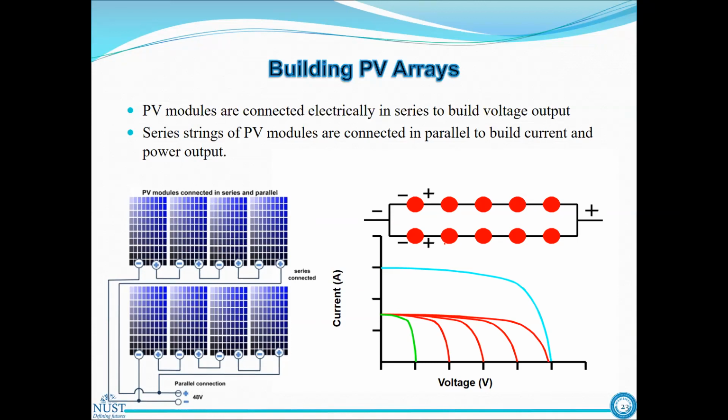And then if we join these strings together with each other, at that stage we will be enhancing the power. Then the voltage will remain the same. So different arrays can be made.